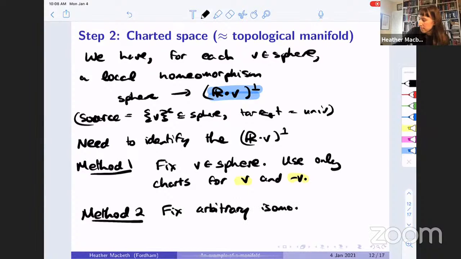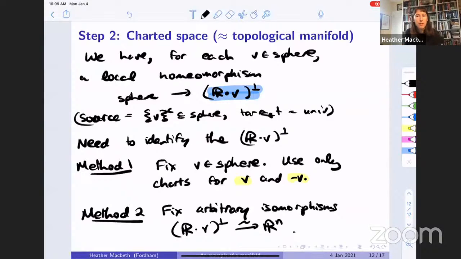So now that we have arbitrary orthogonal complements, we need to fix arbitrary isomorphisms from each of these orthogonal complements to some fixed Rn. And of course, this can be done because they're all the same dimension.